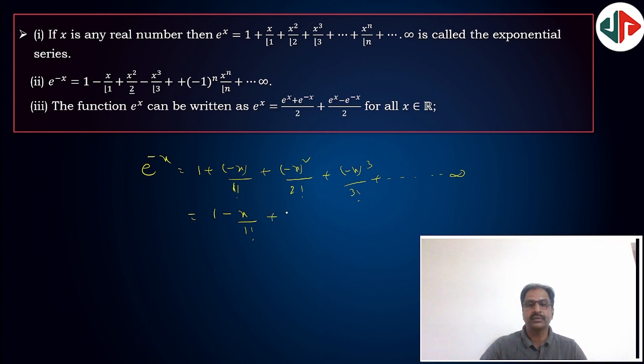Minus x whole square will be plus x square, minus x whole cube will be minus x cube. So here the sign alternately gets changed in the expansion of e power minus x.